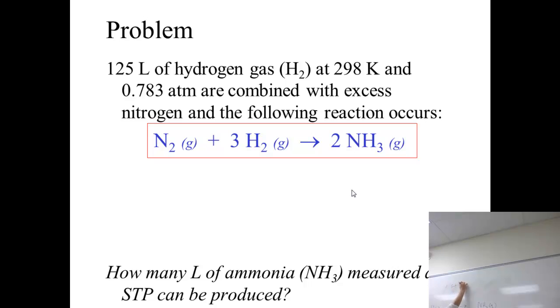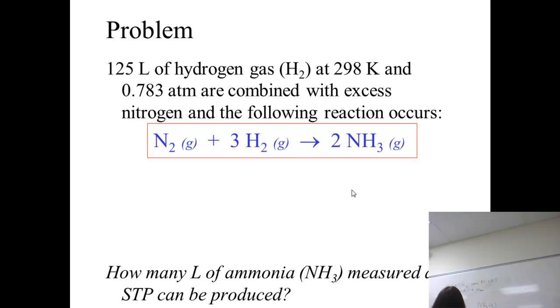So now we know that the moles of NH3 are 2.67. So now we're ready to use V = nRT to get to the volume.